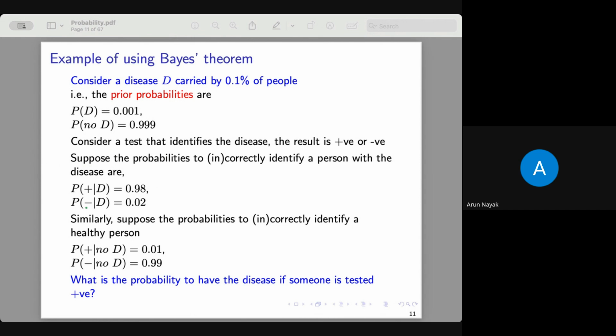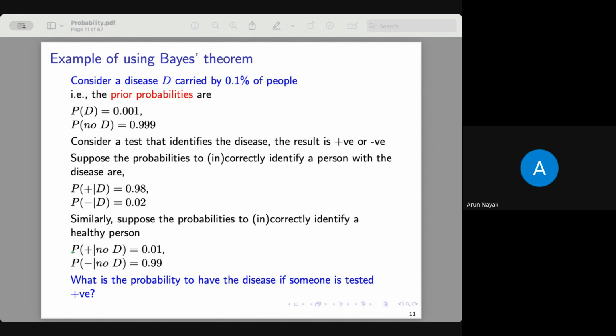Suppose the probability to correctly identify a person with the disease is say 98%, and incorrectly identifying is 0.02%. That means if you do a test, even if you have the disease, you may not get a positive result. That's 2%.